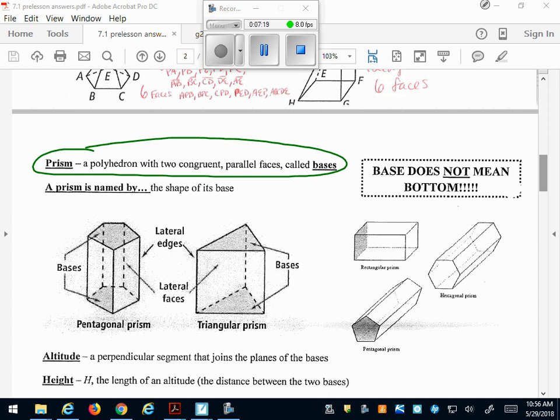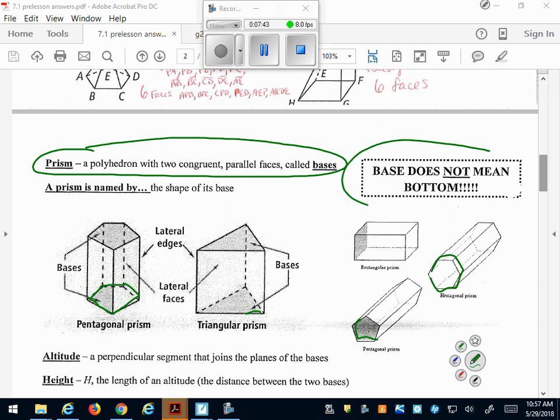That's what makes a prism a prism. Okay? And a prism is named by the shape of its base. So this is a pentagonal prism because its base is a pentagon. This is triangular, rectangular, pentagonal, hexagonal. Whatever shape the base is, that's how you name the prism.